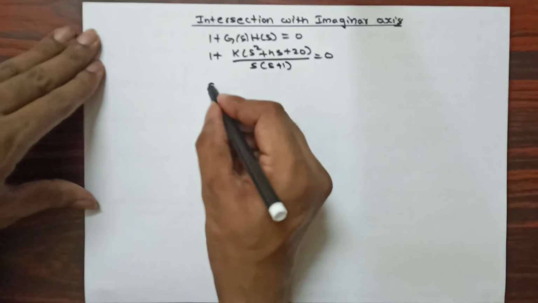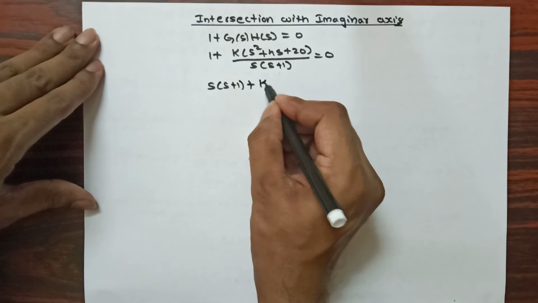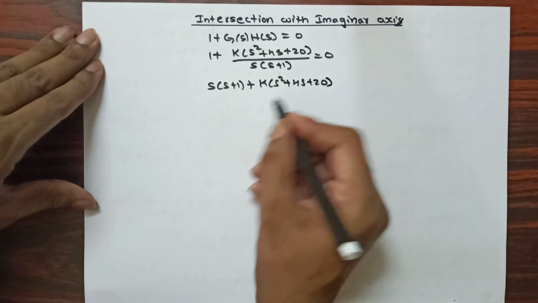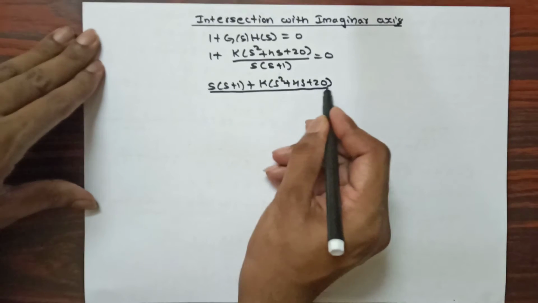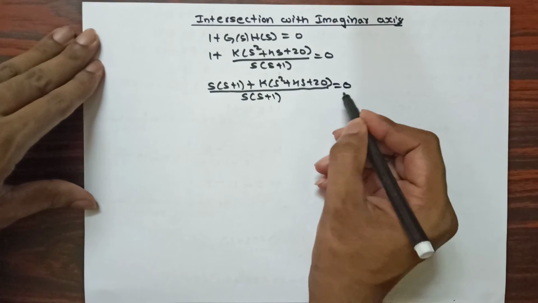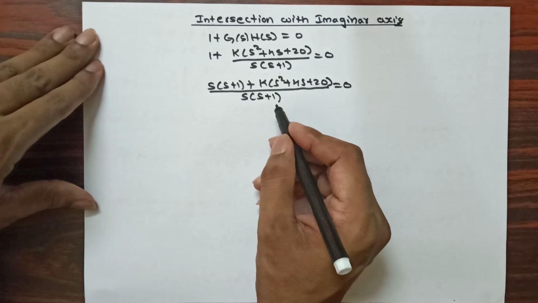Now by taking LCM, s into (s plus 1) plus k into (s square plus 4s plus 20), whole divided by s into (s plus 1), is equal to 0. By taking this denominator term to the right hand side, it becomes 0.